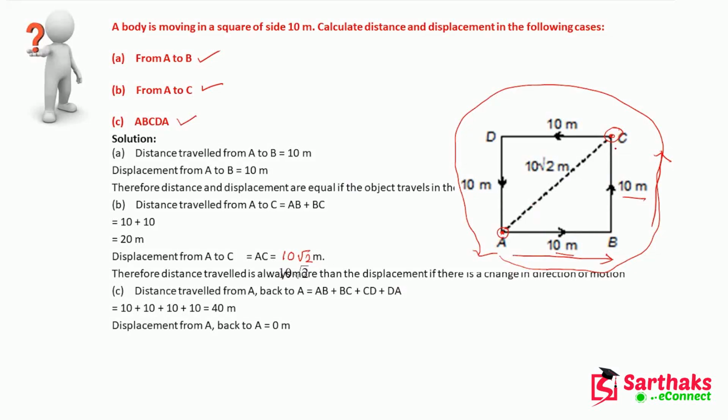AB, BC, CD, DA: 10 meter plus 10 meter plus 10 meter plus 10 meter, so that will be 40 meter. Displacement: your initial position was point A and the final position is also point A. That means your displacement is 0.